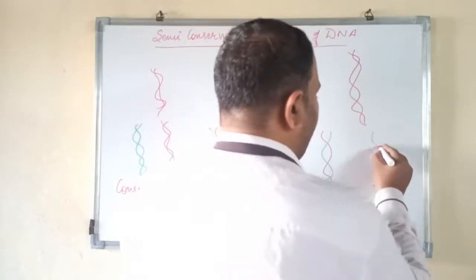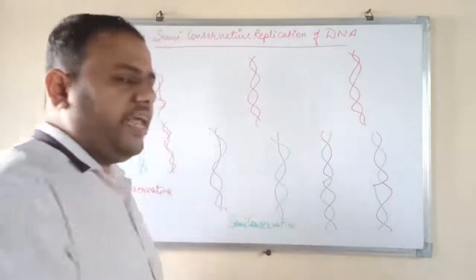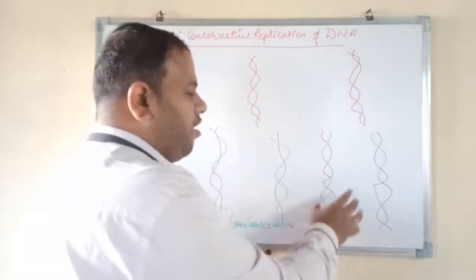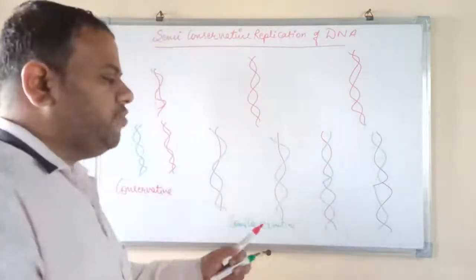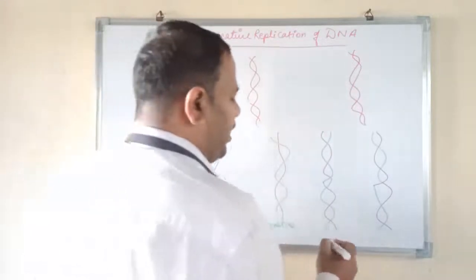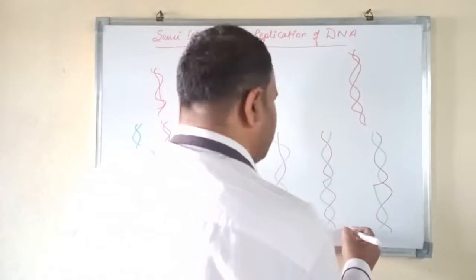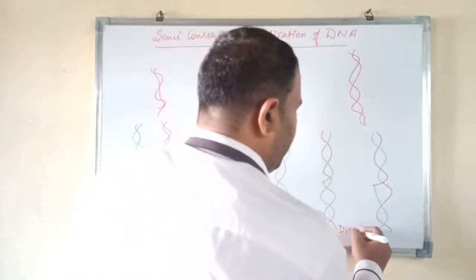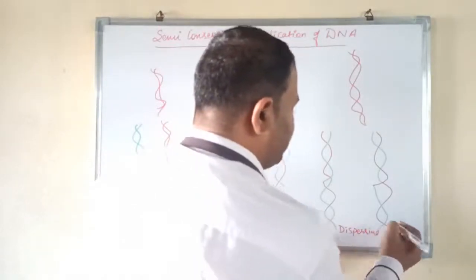So here it is not exactly half, but in parts. The DNA replication will be in parts which will have both types of DNA. This mode of replication of DNA is called the dispersive mode.